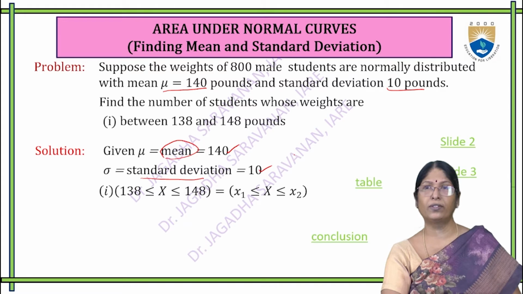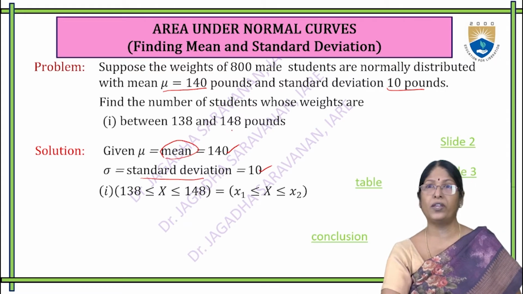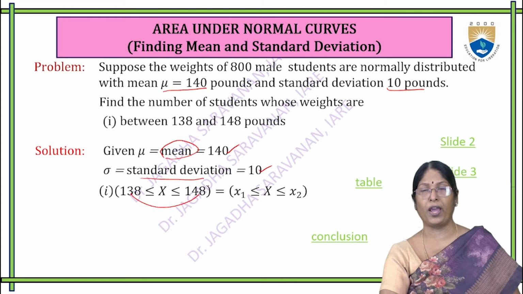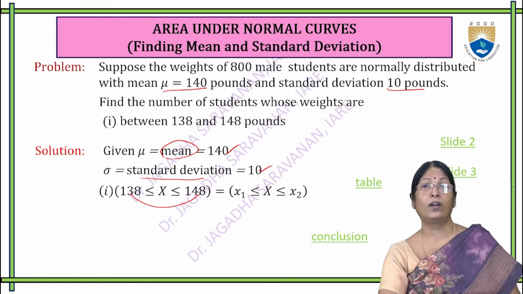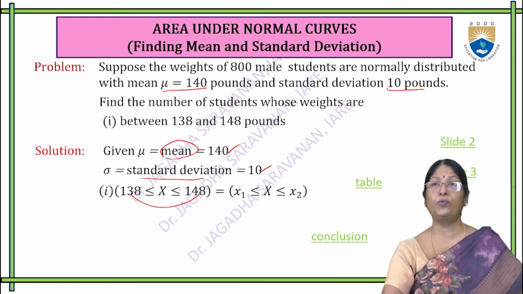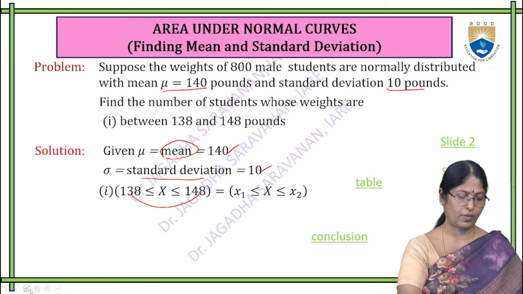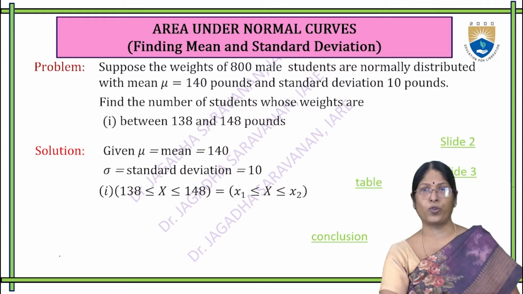The question says between 138 and 148 pounds. Mathematically, we first write that X lies between 138 and 148, where capital X is the random variable. Now, how to proceed?